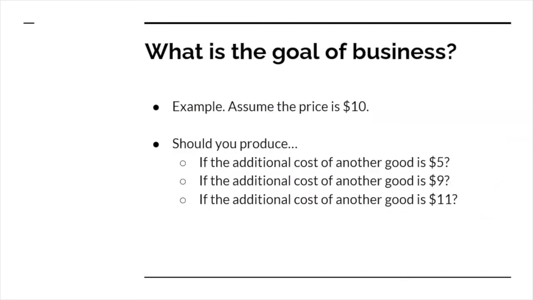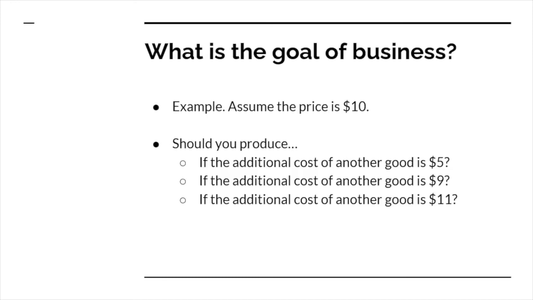So let's assume that the price of a widget, of a product, is $10. Should you produce if it costs you $5 to produce another good? Well, the answer is yes. You're making $5 extra there. Should you produce if the cost of producing an additional good is $9? Well, yes, because you're selling it and you're making $10, but it's only costing you $9 to produce.